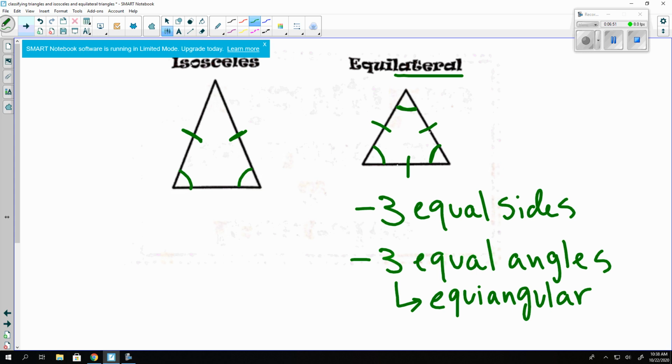And a thing to note about equilateral triangles, guess what? All three angles in a triangle add up to 180, right? So all three together is 180, but all three of them are the same. So we're going to take 180 and divide it by 3. Automatically, whenever you see an equilateral triangle, each angle is 60. So each angle is 60 degrees.